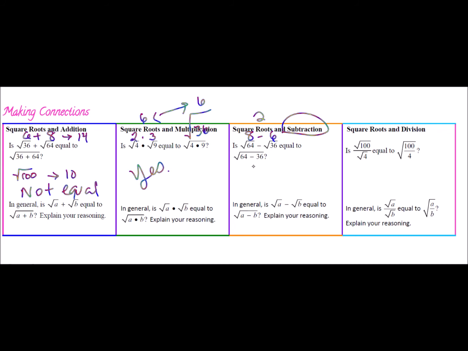All right, let's look at the subtraction part now. We know this is an 8 minus the square root of 36, which is a 6. We get a 2 here. But then when we subtract, 64 minus 36 is 28. So the square root of 28 is not a 2. So this is not equivalent.